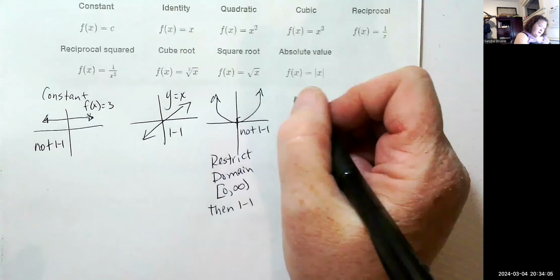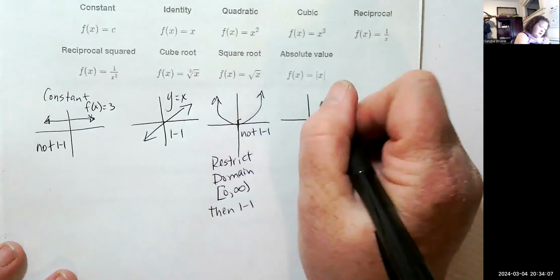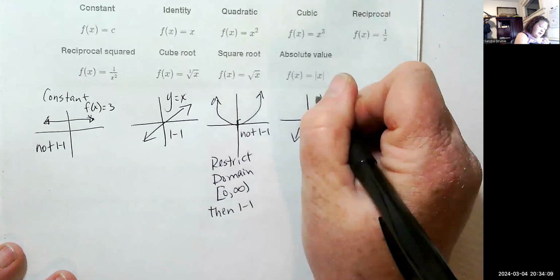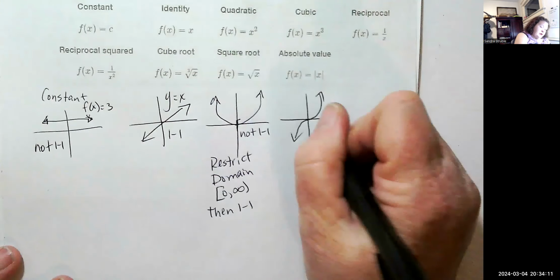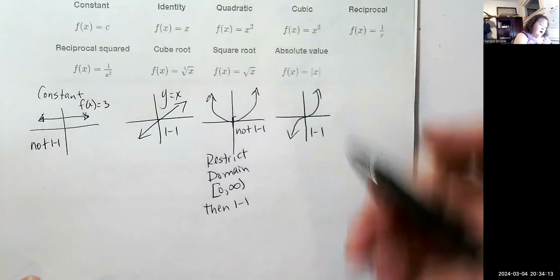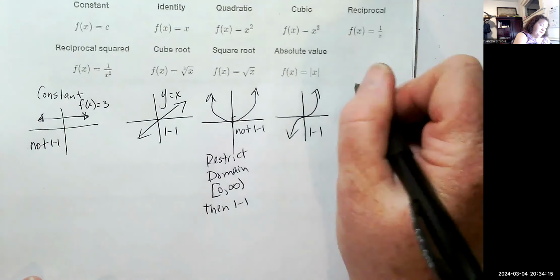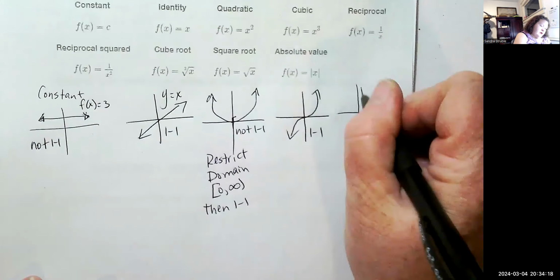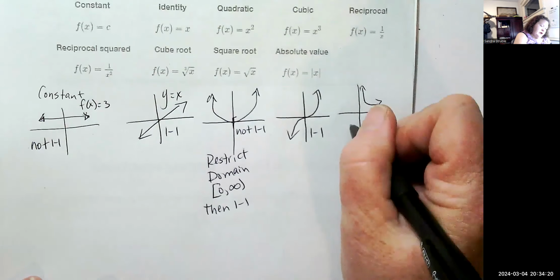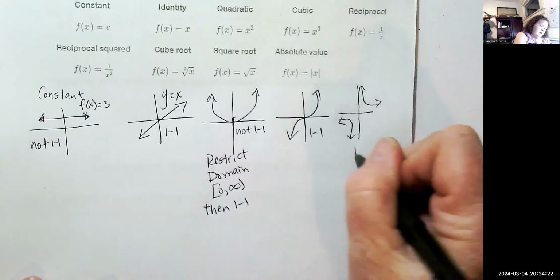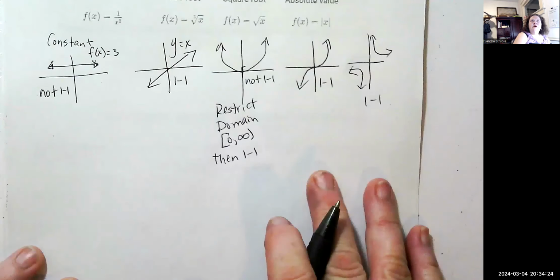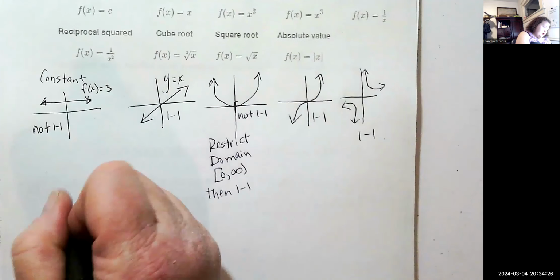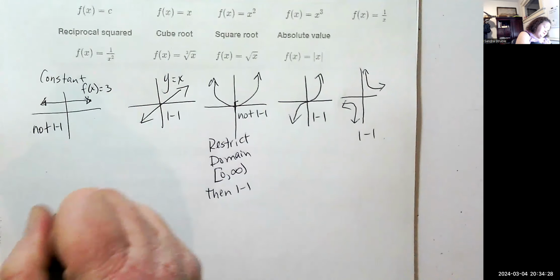Cubic. Cubic is just like this. It is one-to-one. So we don't need to worry about constricting it or restricting it. Reciprocal is also 1-to-1. So we don't need to restrict. Reciprocal squared is this guy.